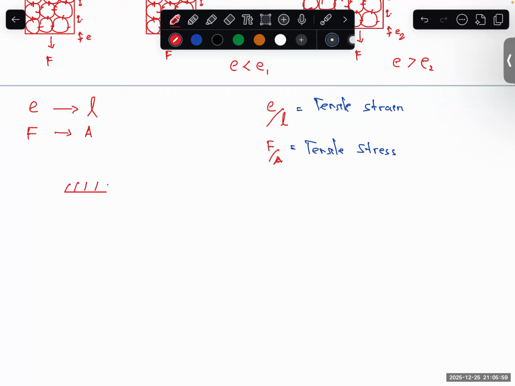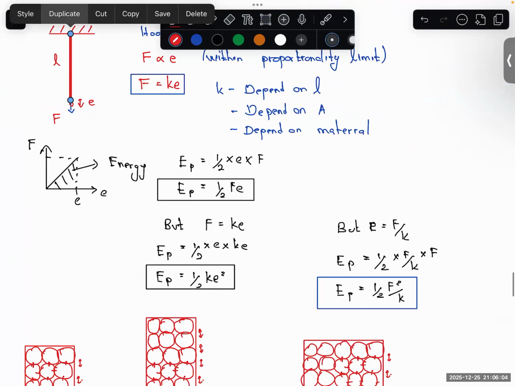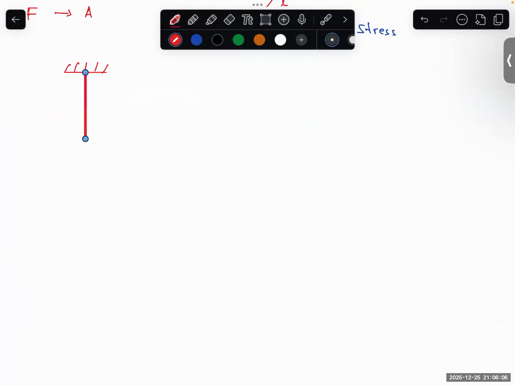So look at the previous example. Say that this has an initial length L, area of cross section A, and of course F is applied. It undergoes a small extension of E. Initial length is L, not final length.